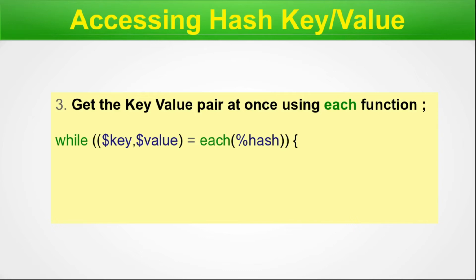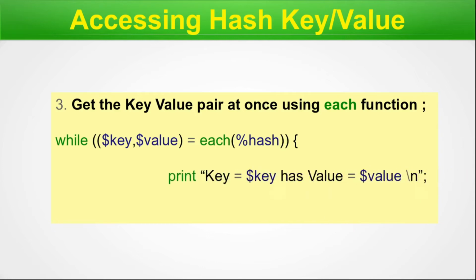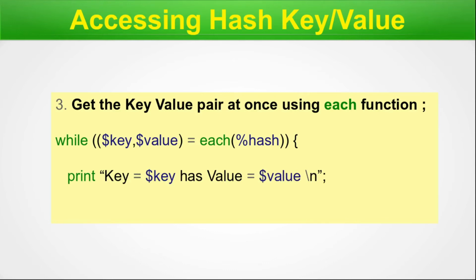So inside while we write ($key, $value) within parentheses equal to each, then we write %hash, then we close the parenthesis and we start the while block with the curly bracket. Inside that we print key equal to $key has value equal to $value, and we close it.